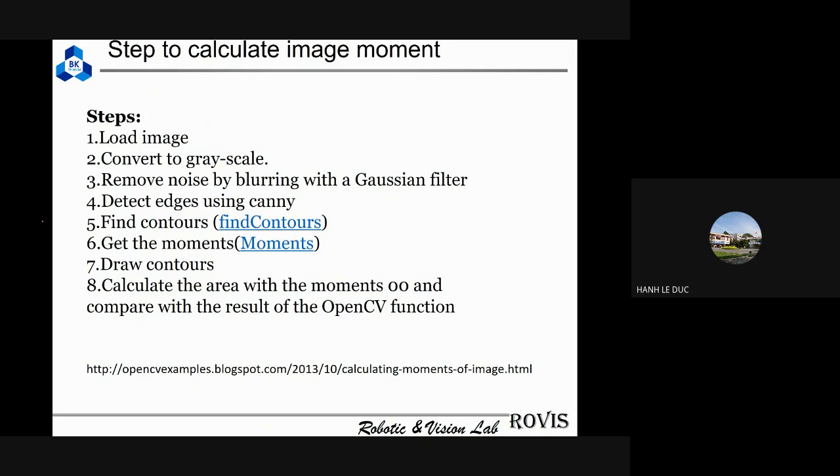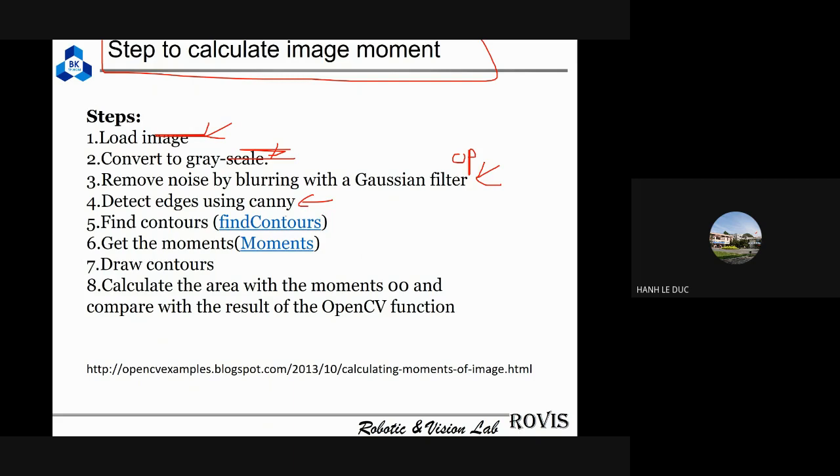So let's see the steps for you to apply the Hu moments. First, load the image, and then convert to grayscale. This one is to reduce the noise. This is optional. Remove the noise. And then this one you have to do: detect edges using Canny.